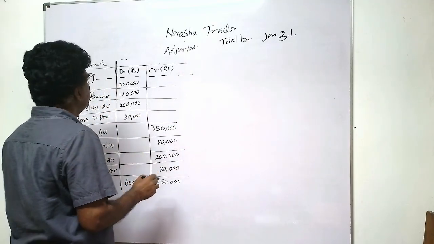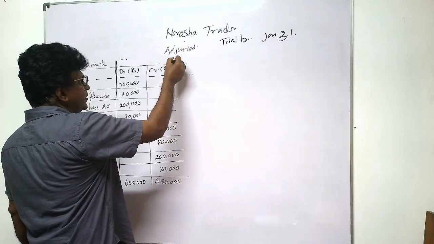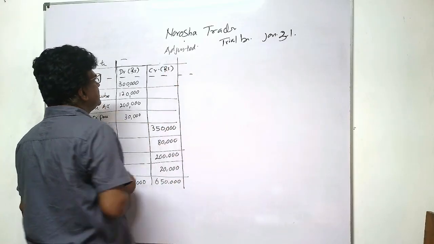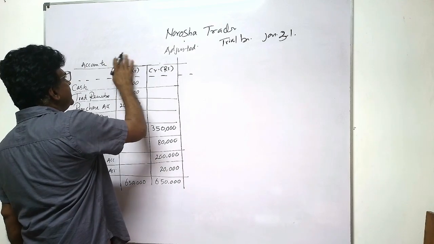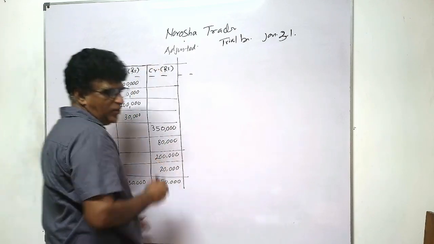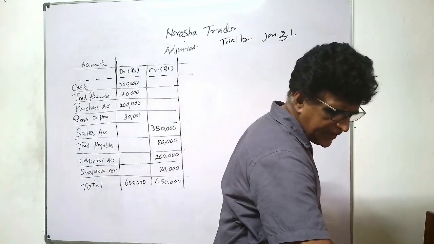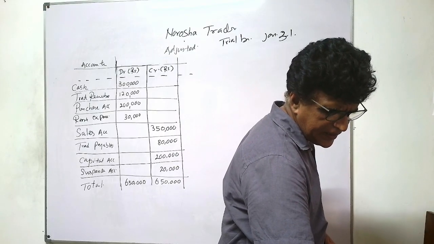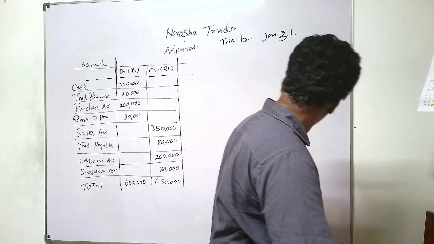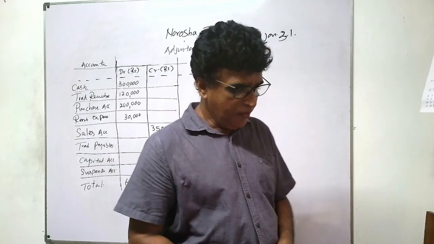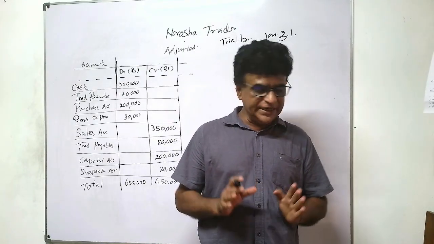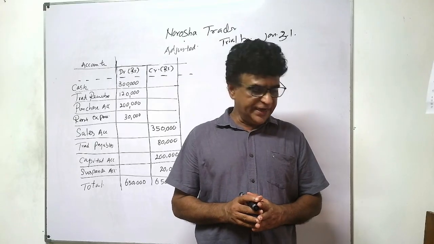How are we going to adjust this? I'm going to keep this as it is. I'm going to prepare a separate set of journal entries for these error corrections.